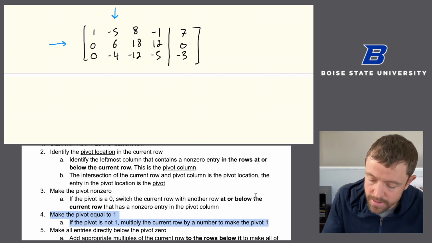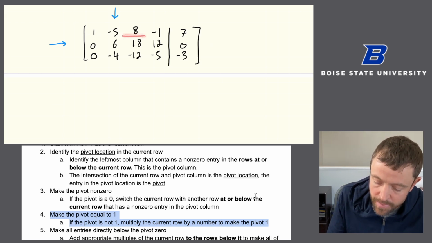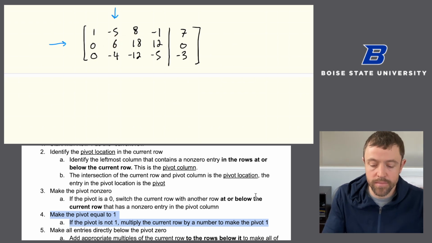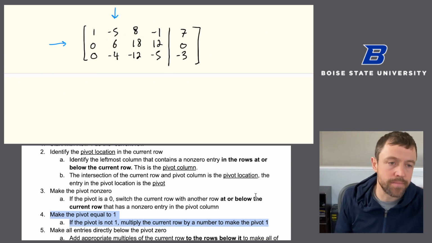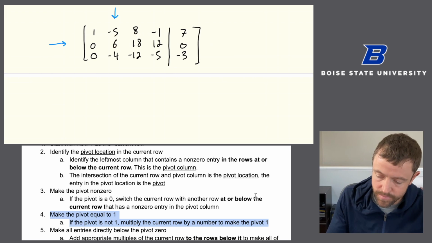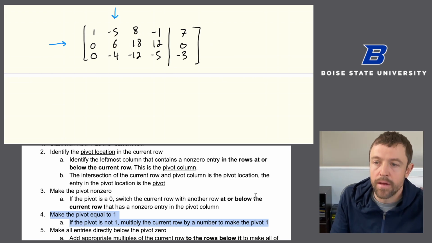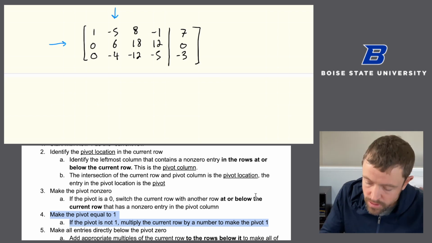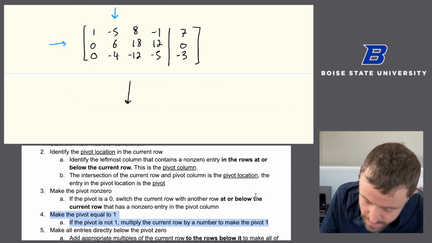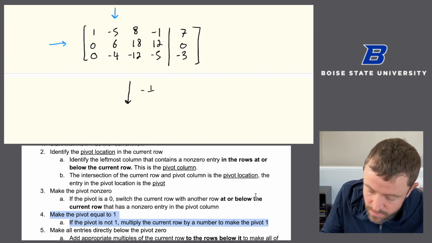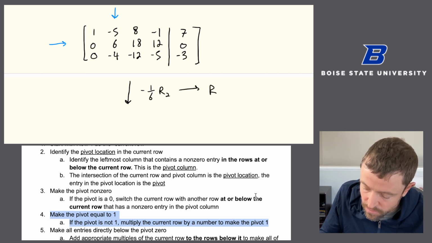So I need to make this entry a 1. What should I do? So if you want, pause the video. So what I should do is multiply row 2 by negative 1/6. So minus 1/6 row 2 is going to replace row 2.